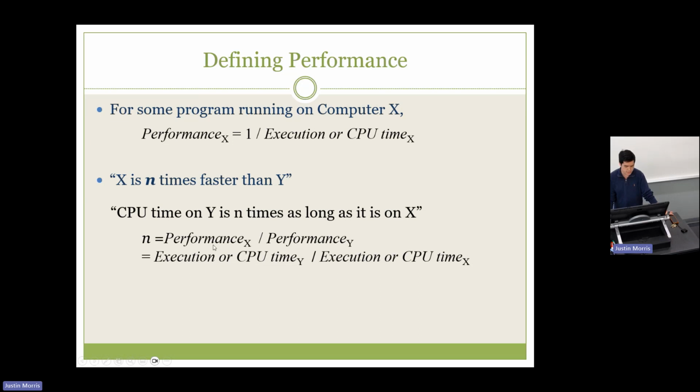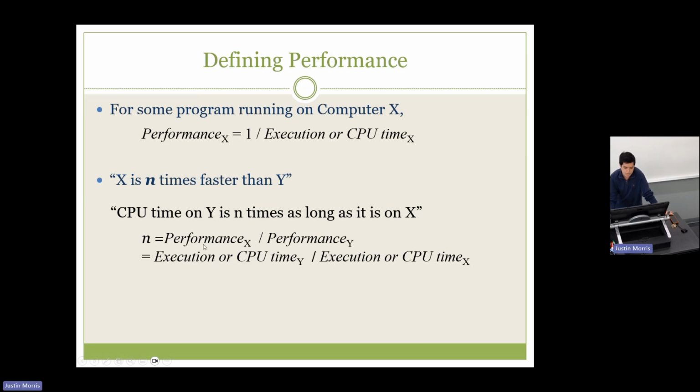But if you're talking about performance, you have the performance of the higher number divided by the performance of the lower number, right? And once you have this ratio, you would say the CPU time on Y is n, which is this ratio, times as long as it is on X, or n times as fast.